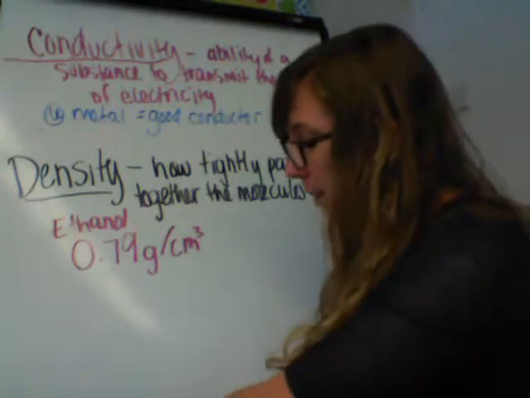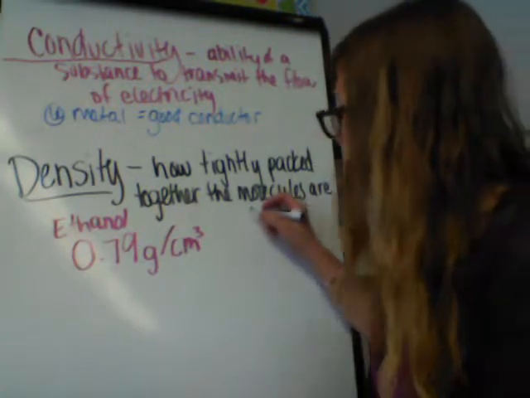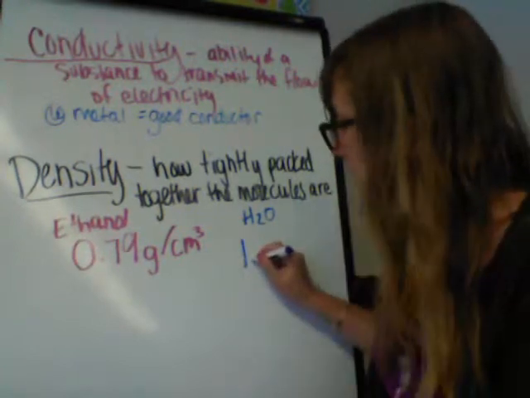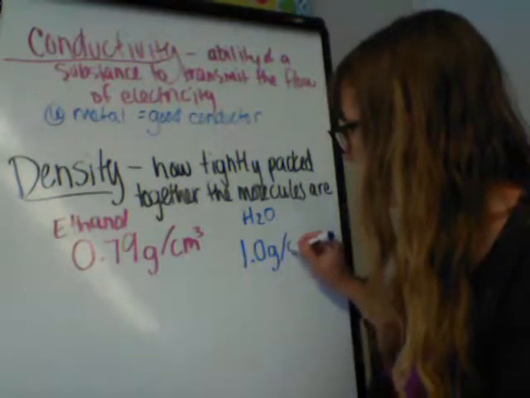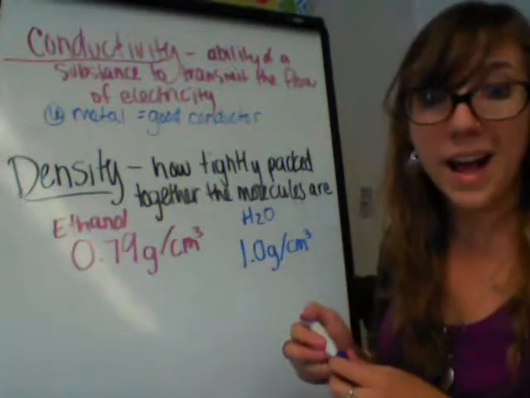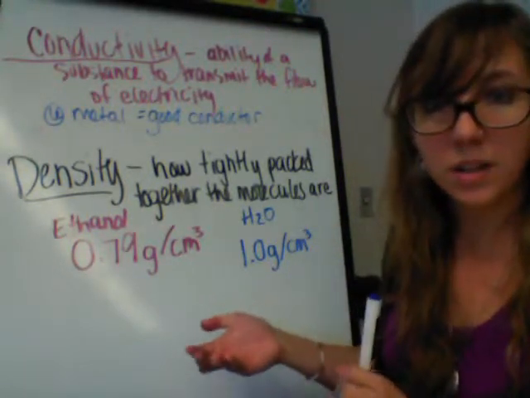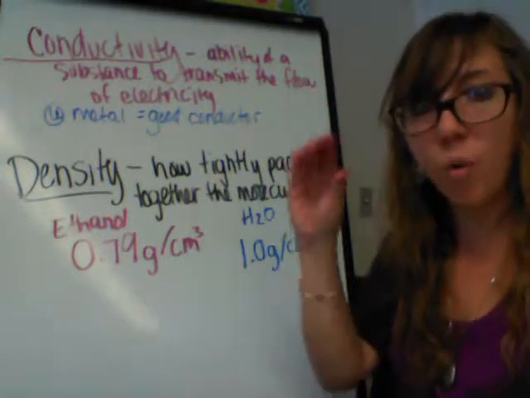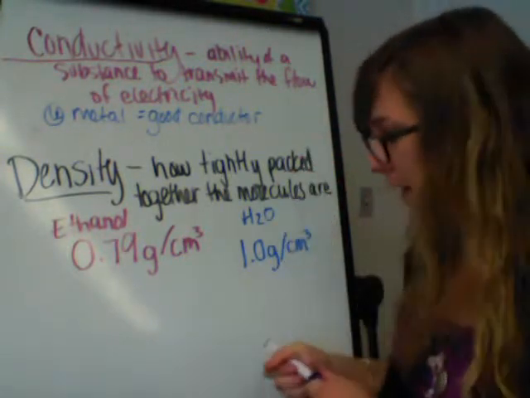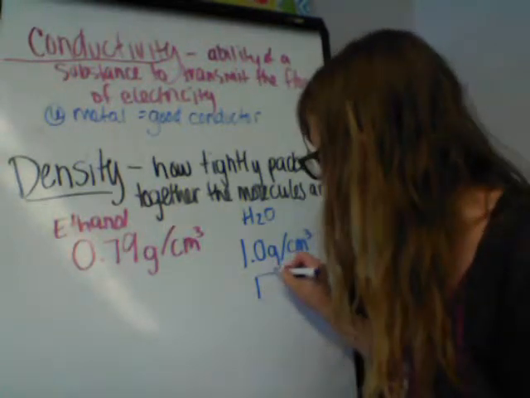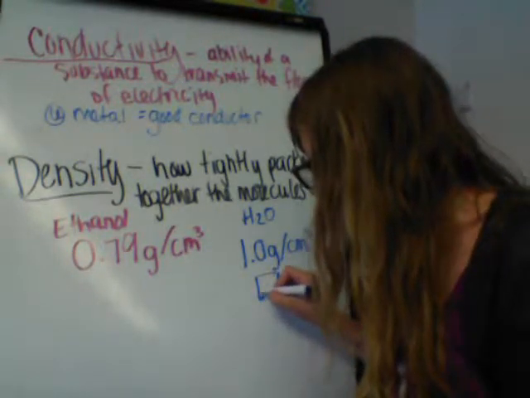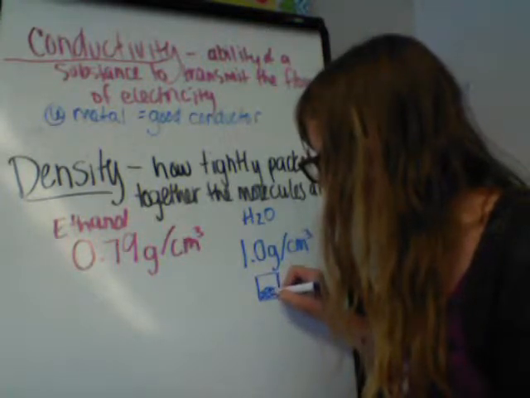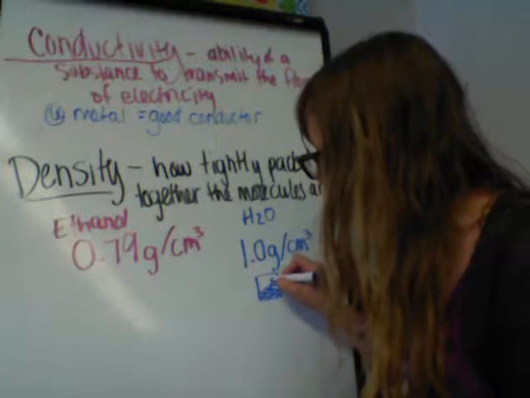Whereas water has a density of 1.0 grams per cubic centimeter. So it actually has more molecules per cubic centimeter, so the density is higher because more molecules are packed together. What that really looks like is the molecules are packed really tight together.